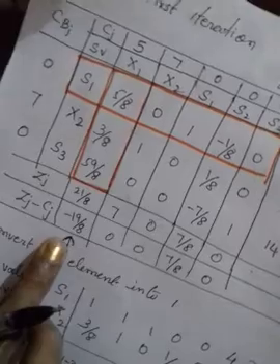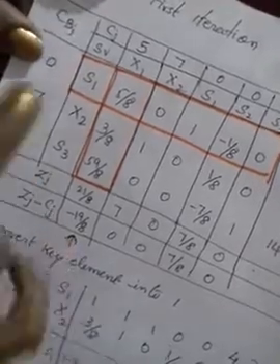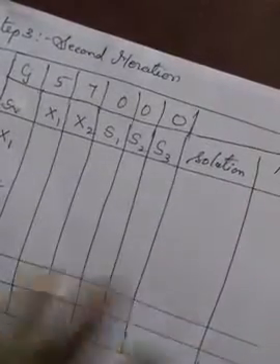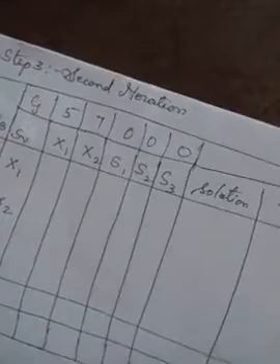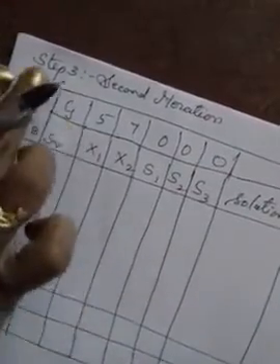Okay, now since we got a negative value, we found the entering variable and leaving variable. So the second iteration, the table we have to make like this. Because we got negative values, we have to find positive values, and until that we have to repeat this iteration.